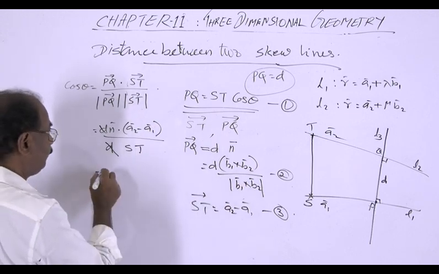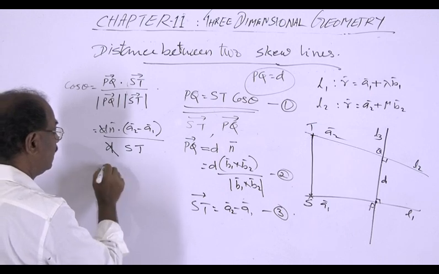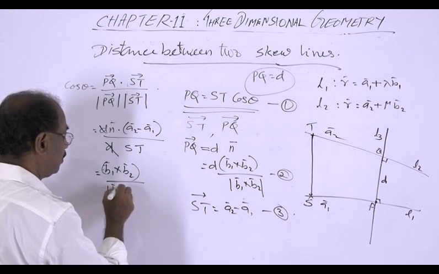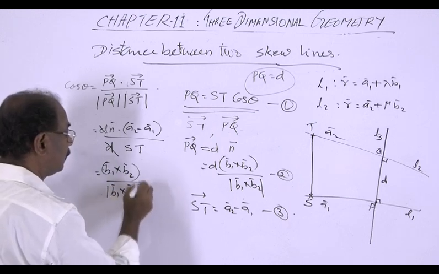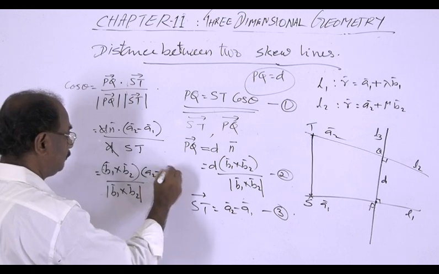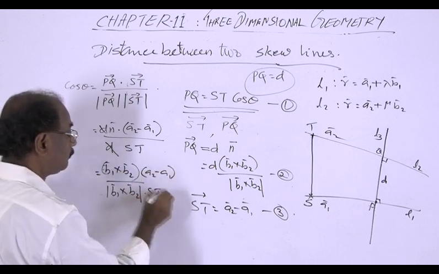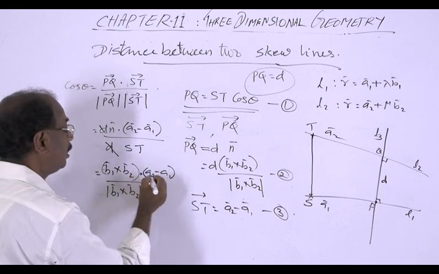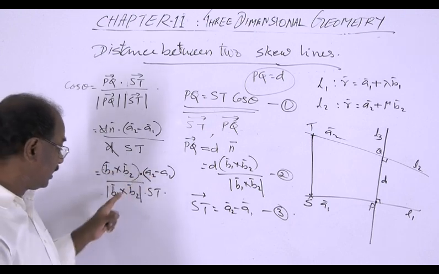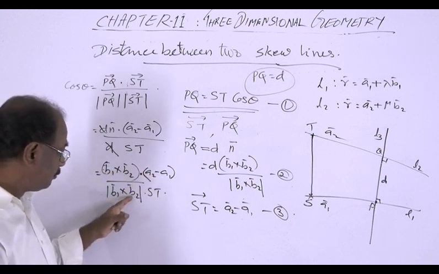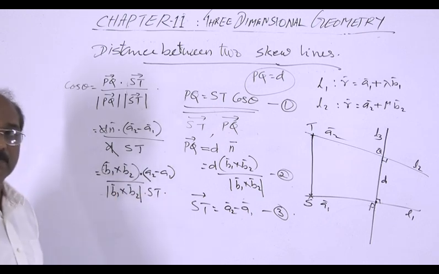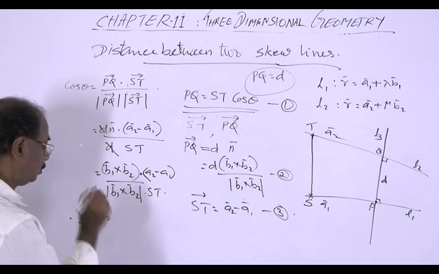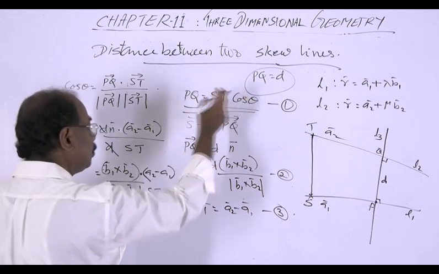So this is B1 cross B2 divided by modulus of B1 cross B2 into A2 minus A1 into ST, that is B1 cross B2 dot A2 minus A1 over modulus of B1 cross B2 into ST. And therefore PQ, that is D, is equal to ST into cos theta.